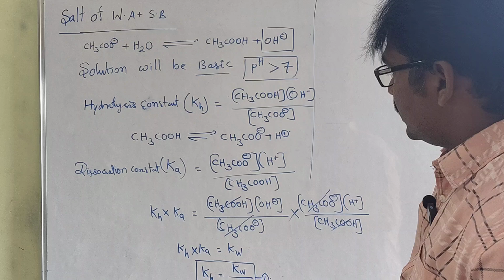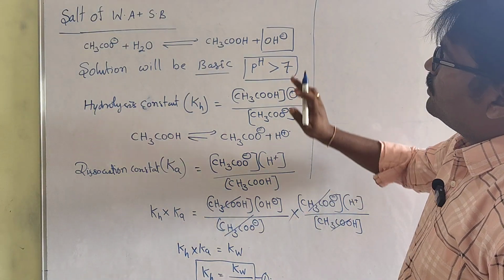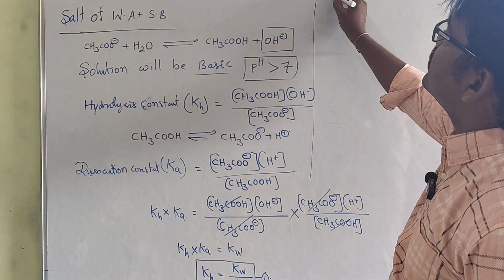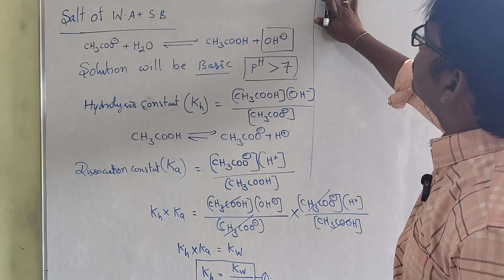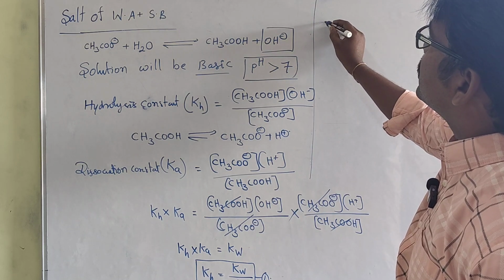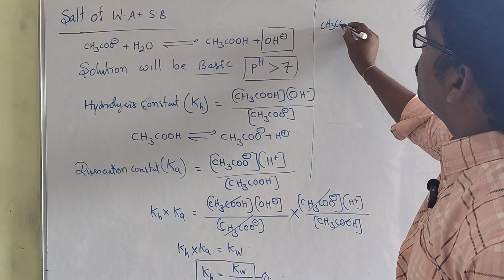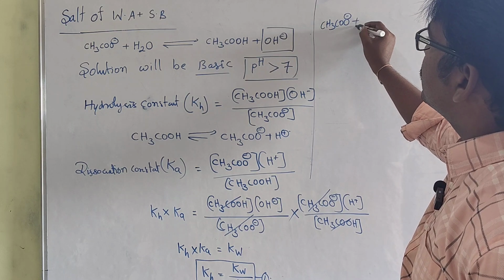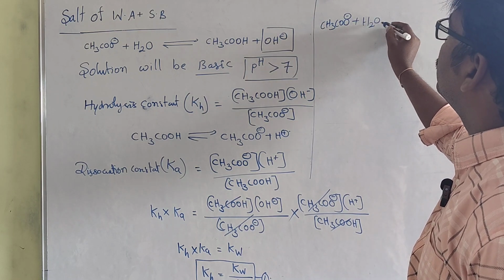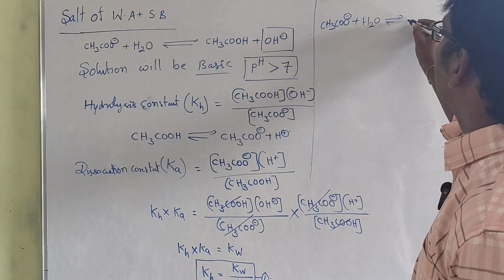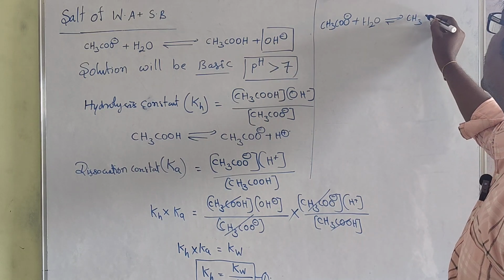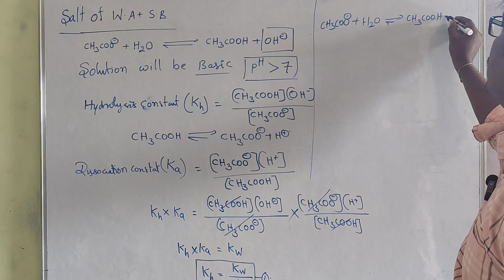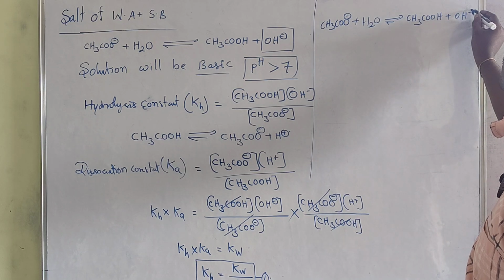Now the same equation we are writing again. Look at CH3COO minus plus H2O gives rise to CH3COOH plus OH minus.